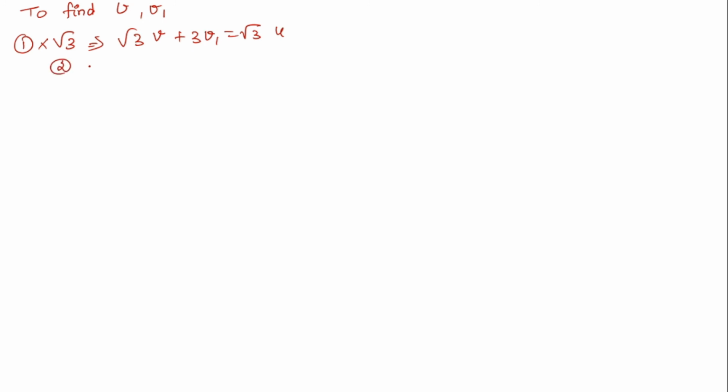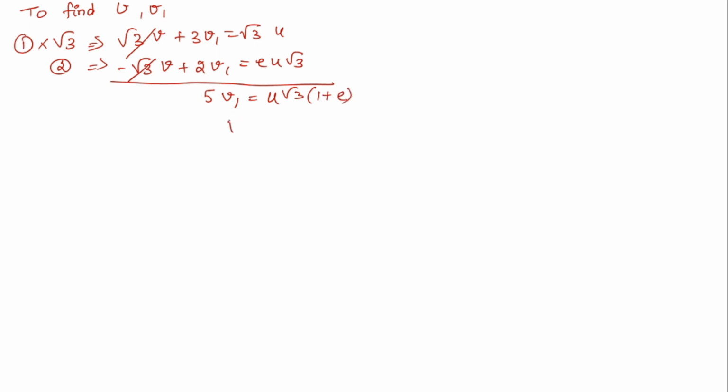The second equation is minus root 3 v plus 2 v1 is equal to eu root 3. When you add these two, the v terms become 0, and 5 v1 is equal to, u is common, root 3 is also common, and the remaining is 1 plus e. So v1 is equal to root 3 by 5 into u into (1 plus e).